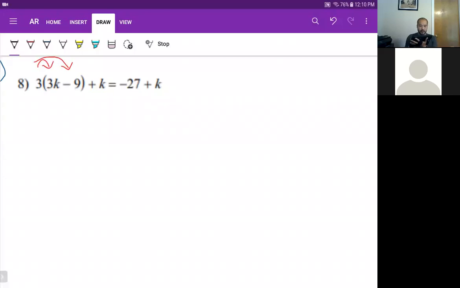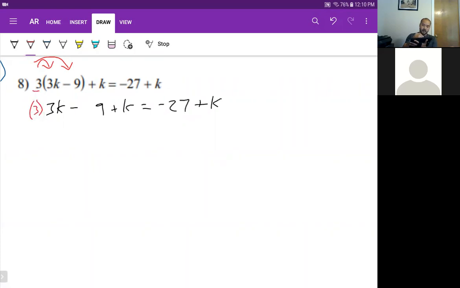So first I'm gonna write down what stays the same. Here's the 3 times k minus 9 plus k equals negative 27 plus k. Okay, so all this is the same. What we need to do is distribute this 3.